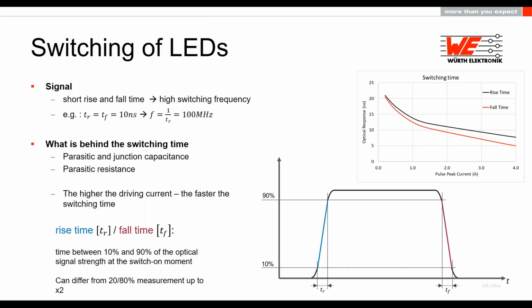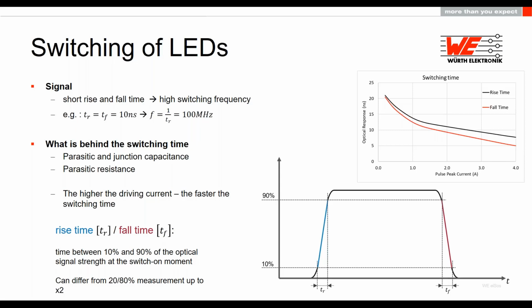Usually the switching time is measured between 0 and 100%, 10 and 90%, or 80 and 20%. Those parameters can give a lot of different times. At Würth Elektronik, we use the typical rise and fall time of 10 to 90%, which you can see on the second graph.